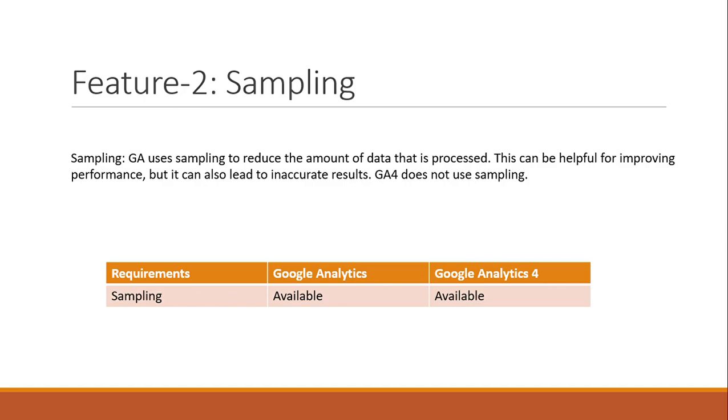If we have a huge amount of data in the database, it is very hard to get the sampling rate in a niche way. So the only way is to create exploration reports continuously, or create multiple reports or multiple properties, which is not an efficient way of doing it.